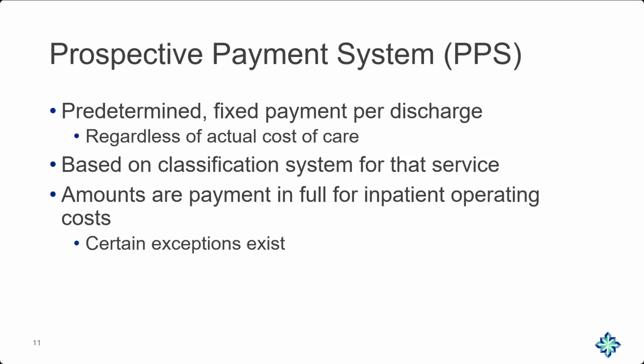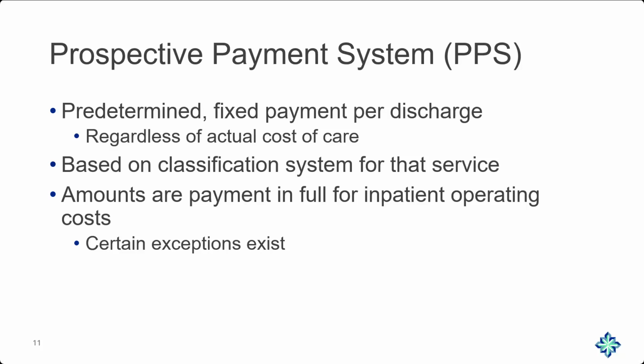So as I stated, Medicare bases payment on codes using the classification system for that service, such as diagnosis-related groups for hospital inpatient services, or ambulatory payment classification, APC, for outpatient hospital services.